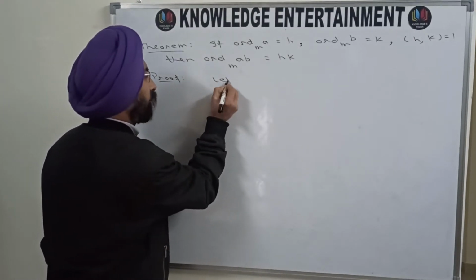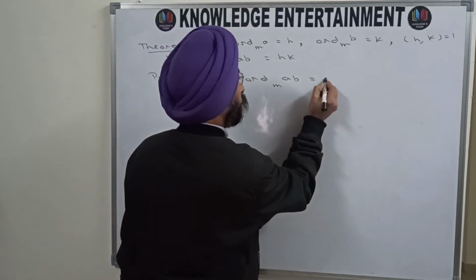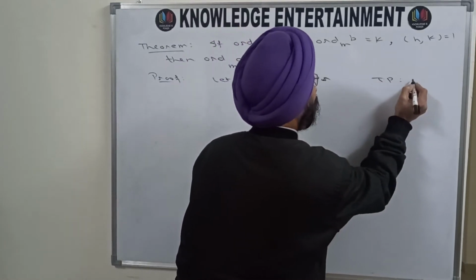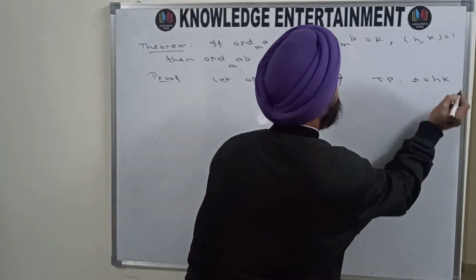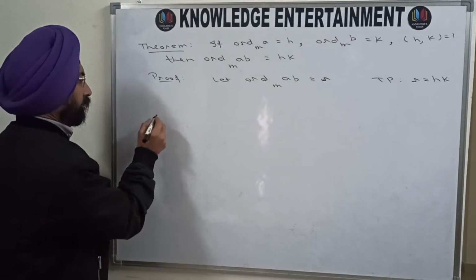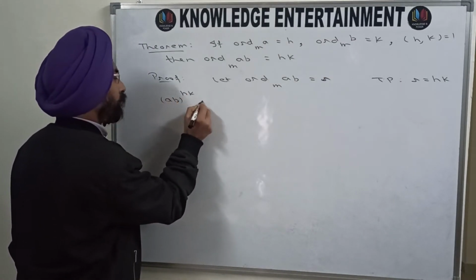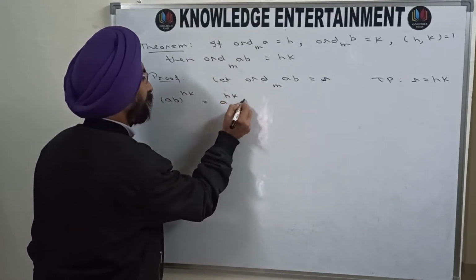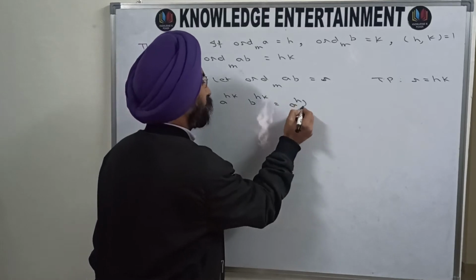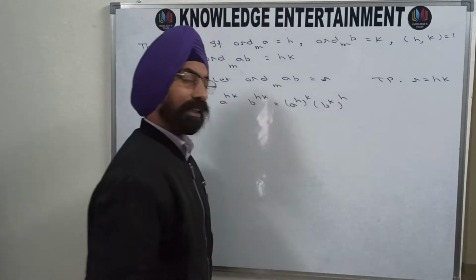Let order of ab modulo m be equal to r. That means we have to show that r is equal to hk. What is (ab)^hk? (ab)^hk is a^hk times b^hk, meaning (a^h)^k times (b^k)^h.